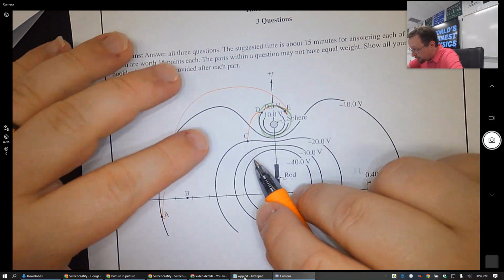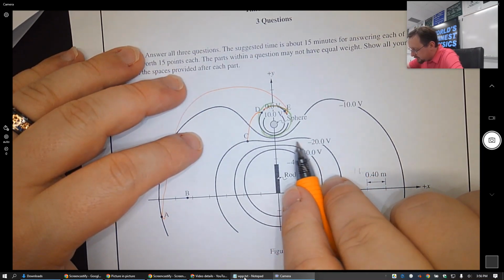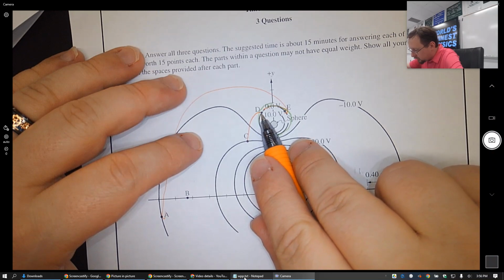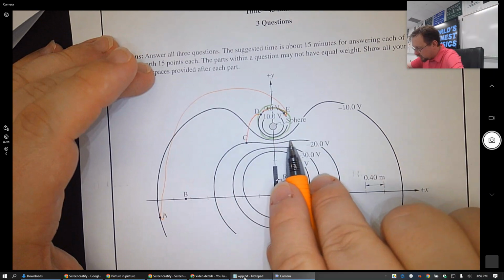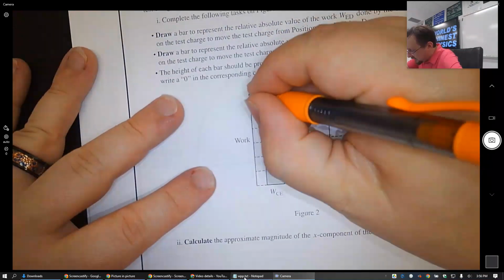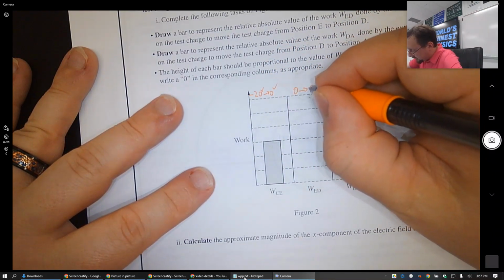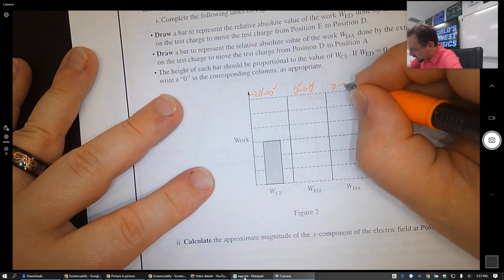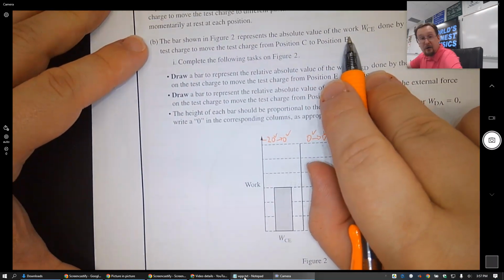Okay, so C to D is negative 20 to 0, then 0, then 0 to negative 10. So this is negative 20 to 0 volts, 0 to 0 volts, and then 0 to negative 10 volts, but it says absolute value of the work.